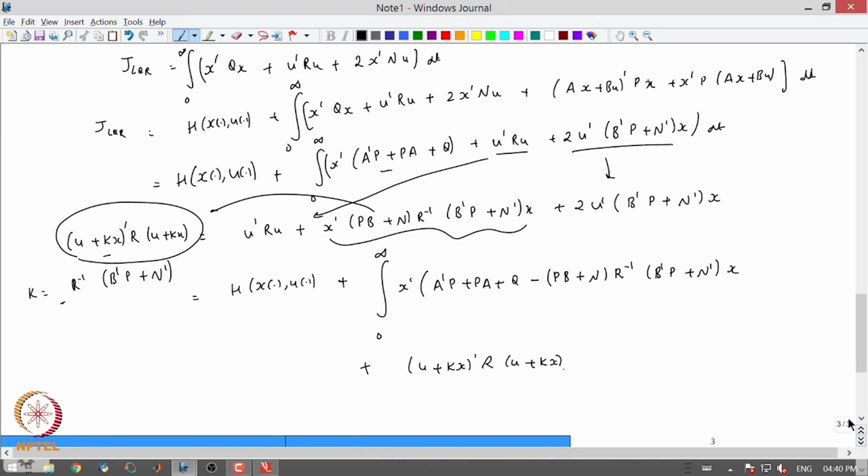Now look at the term inside. All this will be under the integral dt.